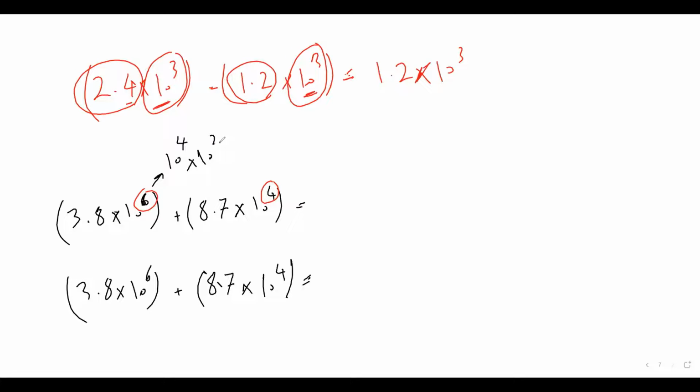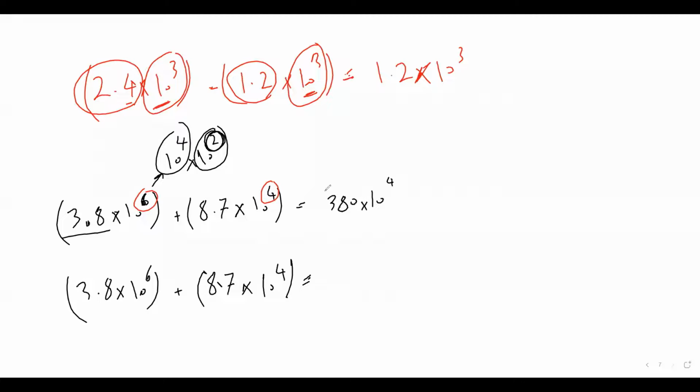So you keep this 10 to the power of 4, but that 10 to the power of 2, which is 100, you multiply it by 3.8, which gives you 380, right? Since the index is 2, you push this decimal point 2 positions forwards, right? And that's the final answer.